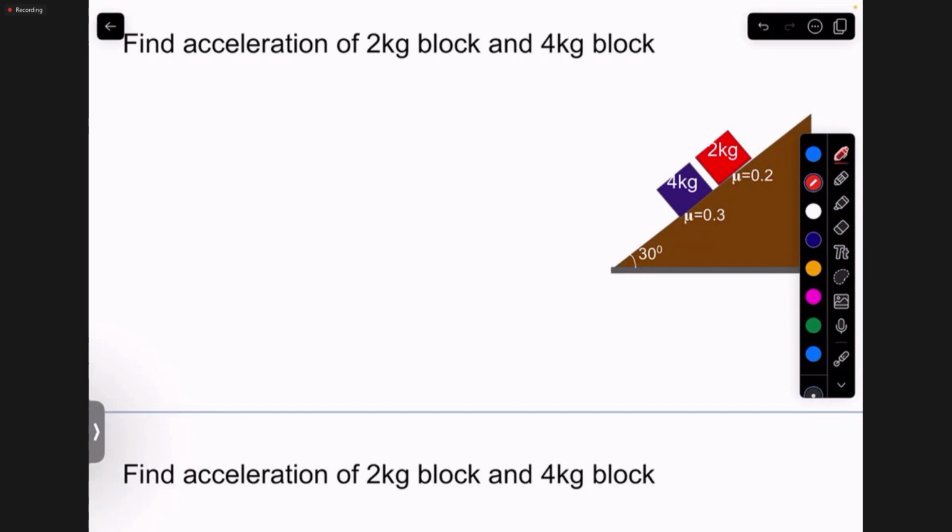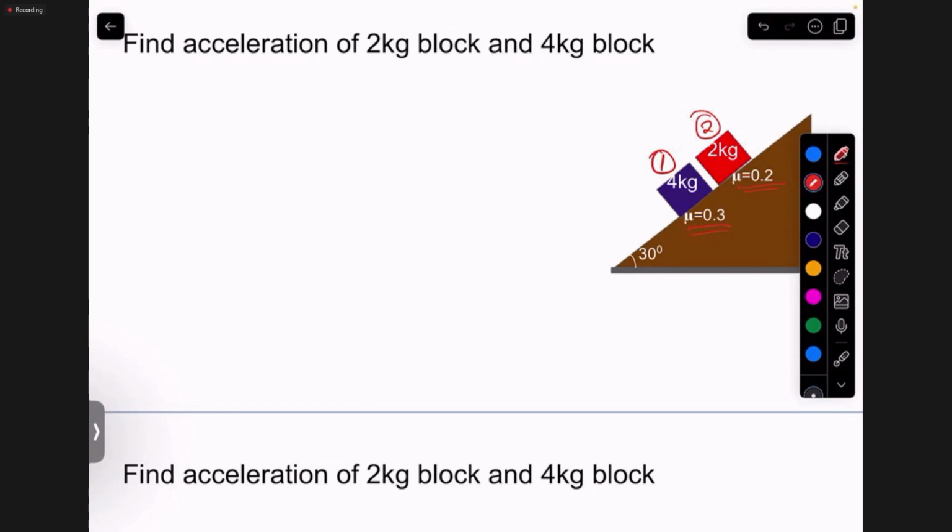The surface of the block and the surface of the inclined plane come into contact. If I'm considering two different blocks, then block one will have a different surface and block two will have a different surface. The pairs of surfaces formed between block one and the inclined plane, and block two and the inclined plane, are different. That's why I've taken mu as two different values over here.